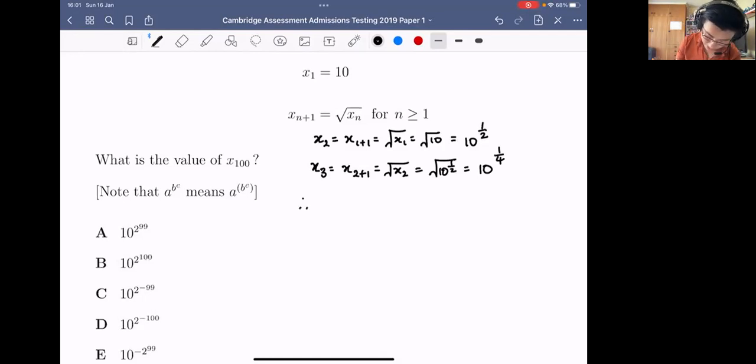I think you can conclude that x to the n plus 1 is equal to 10 raised to the 1 half to the n, or 10 to the 2 to the negative n.